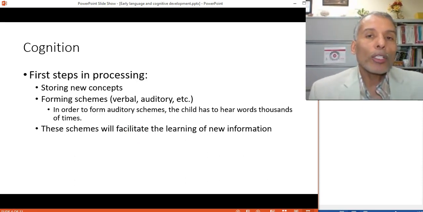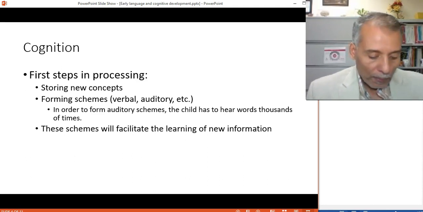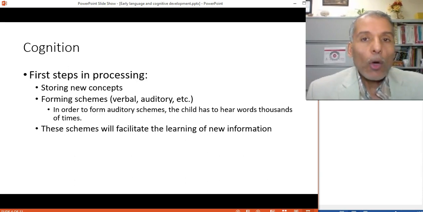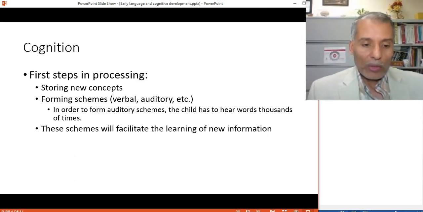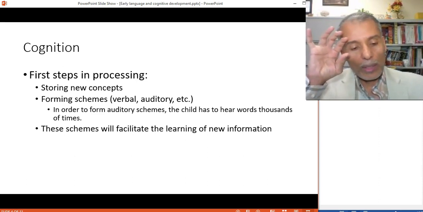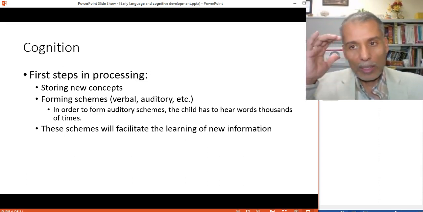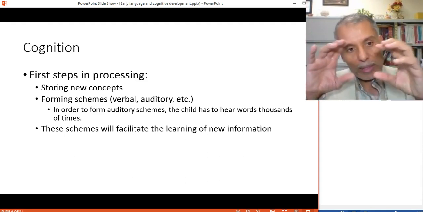So in order first to acquire a skill, like say language skills, you have to encode. Encoding is taking in new information. And you take that new information in, hold it in the working memory, particularly the short-term memory, and then pay attention to it and analyze and so on.